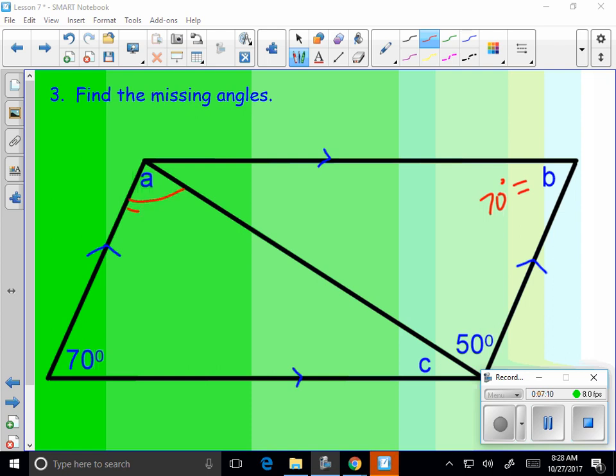A and this are 110. Which one's 60? C is 60, right? Because think about this. 70 and these two angles have to add to 180. So 70 and 50 is 120. That makes C equal 60.